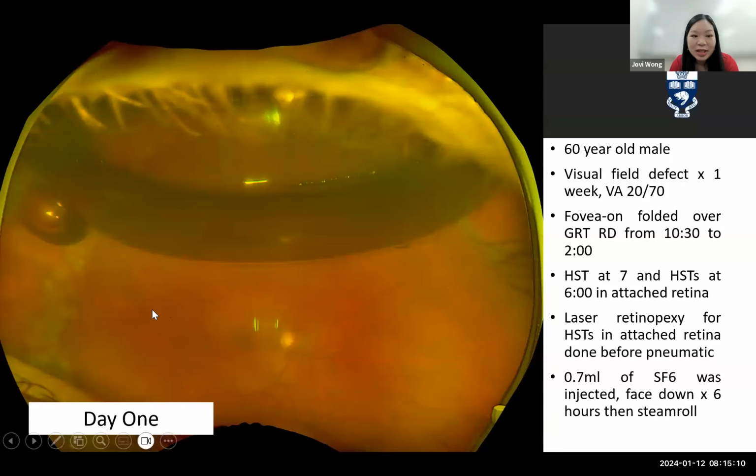Once the gas has been injected, you can see a nice large bubble here in the vitreous, and then we've already started the laser retinopexy, and Dr. Cruz Pimentel wanted to mention the fact that it's important that we start the laser right away on day one rather than often waiting until the second day to start the laser. So you can already see some laser marks that have been applied.